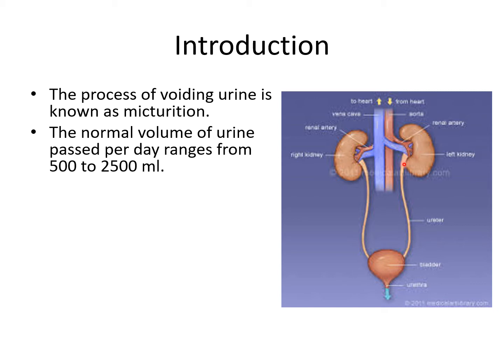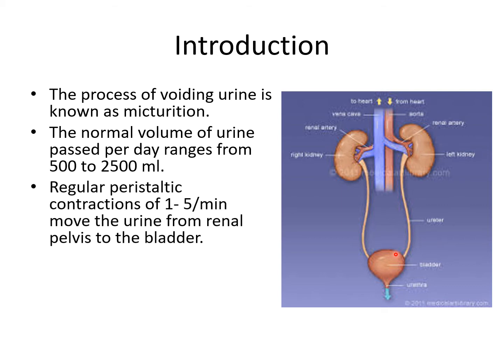The wall of both ureters contains smooth muscles which are arranged in spiral, longitudinal and circular layers. From the ureter, the urine enters the urinary bladder by peristaltic movement of 1 to 5 per minute. So regular peristaltic contraction of 1 to 5 per minute moves the urine from the renal pelvis to the urinary bladder.